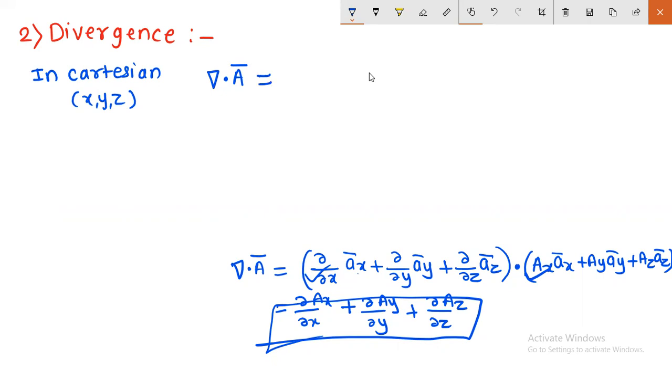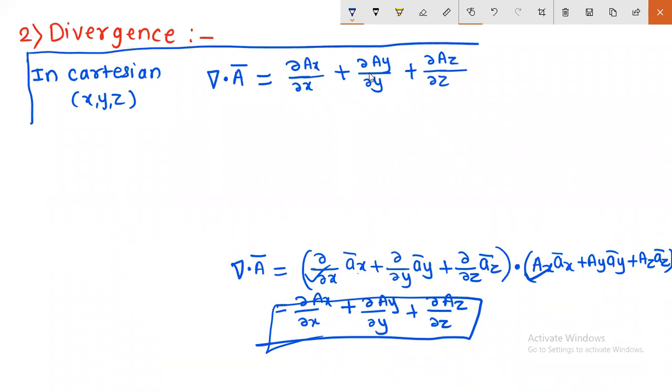So del dot a bar is equal to dabba upon dabba x of ax, plus dabba upon dabba y of ay, then plus dabba upon dabba z of az. This is the formula for divergence in the Cartesian coordinate system.